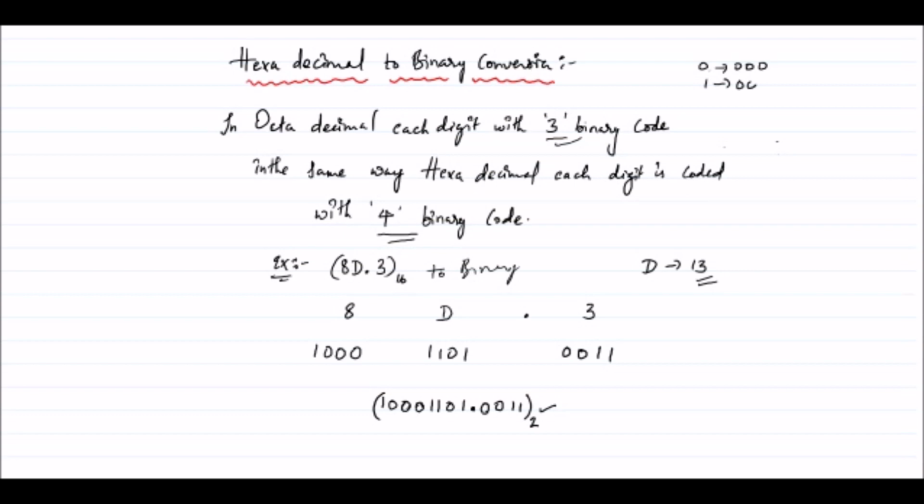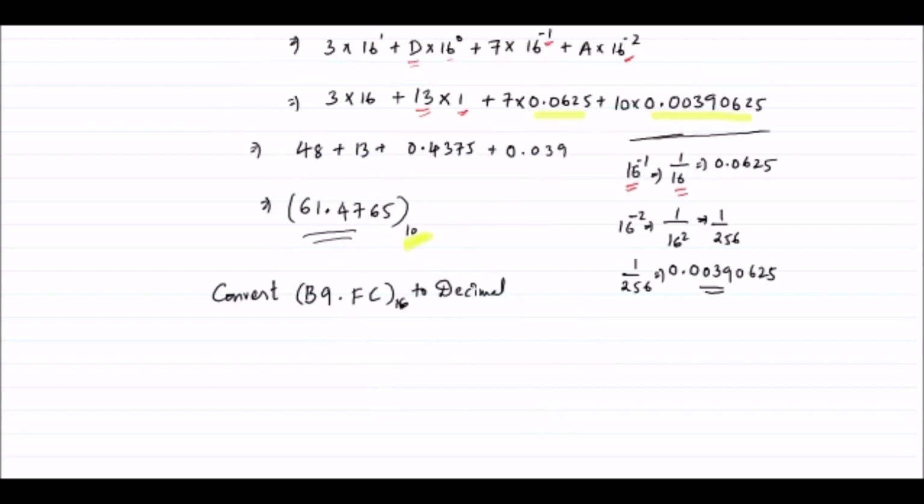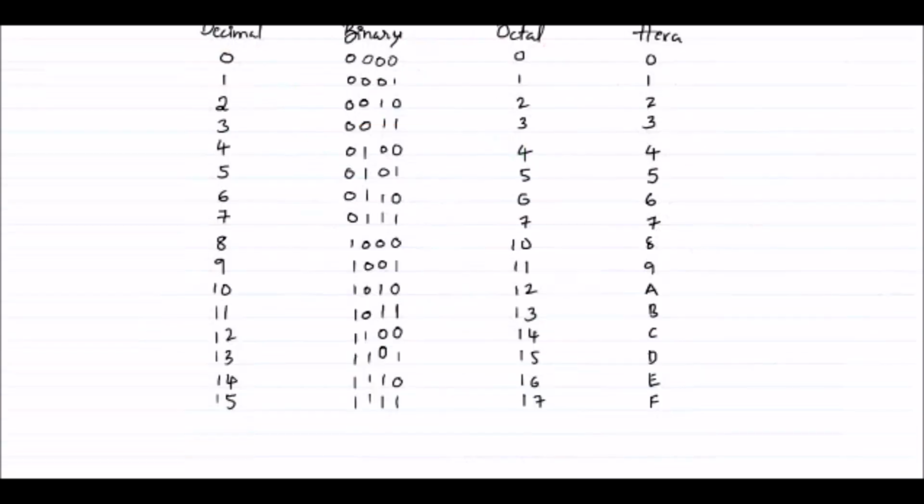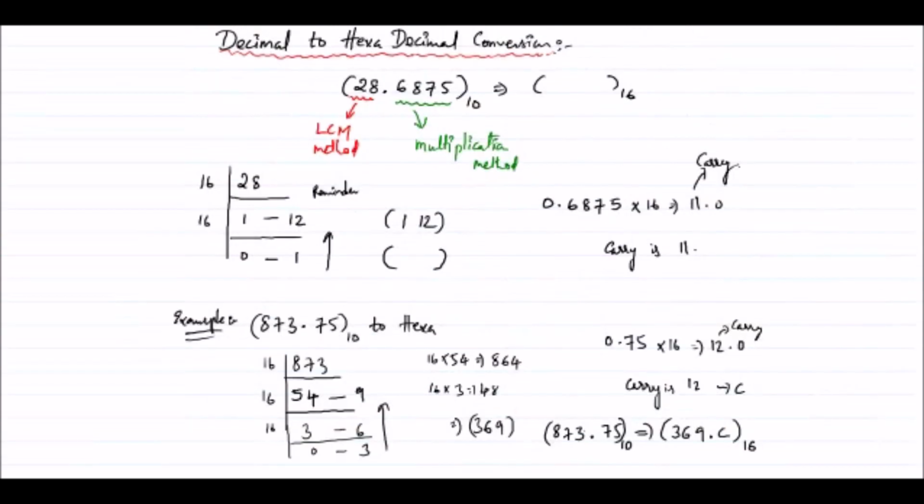For 0, we represented it with 3 binary digits, and so on up to 7, which is 111. In the same way, in hexadecimal we represent each hexadecimal digit with 4 binary digits. That is why, in the previous table, as you have observed, the binaries are represented with 4 binary digits.